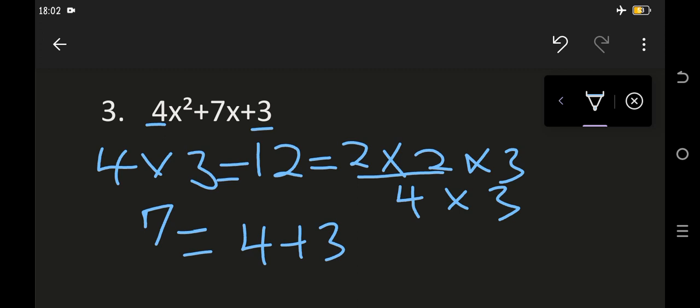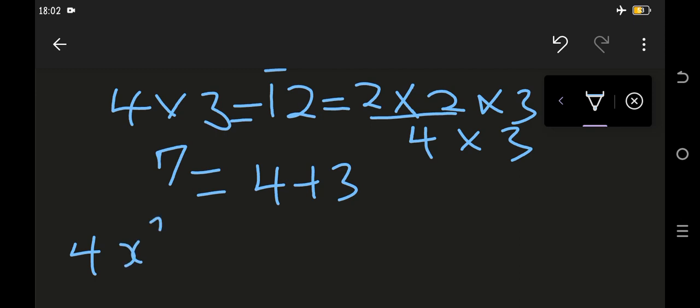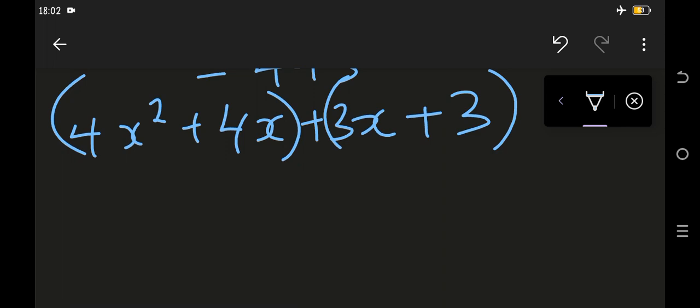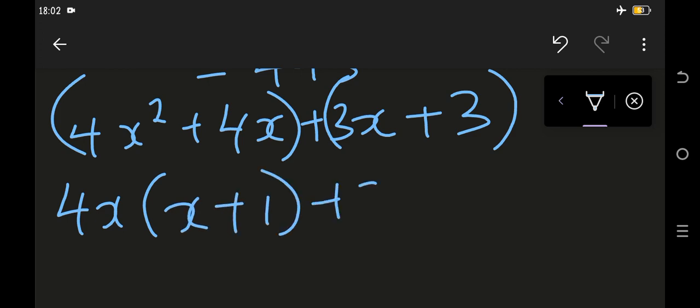Expand that. You will have 4x squared plus 4x plus 3x plus 3. Then you factorize. This will be 4x into x plus 1 plus 3 into x plus 1.